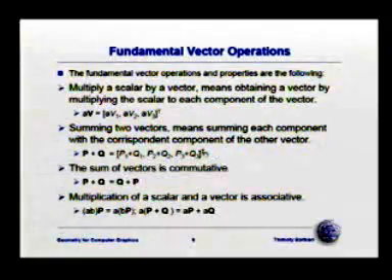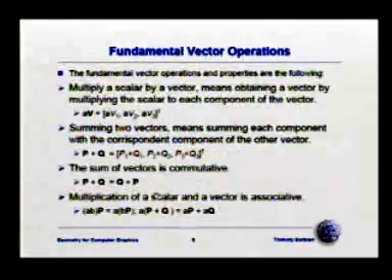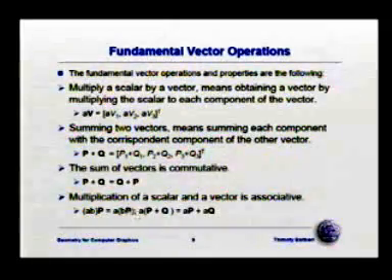So I didn't forget to put transpose here because I'm always thinking about them as columns. Right? Sum of vectors is commutative. What does it mean? It means that P plus Q is Q plus P. Multiplication of scalar and vector is associative. So this one equals this one, and this one equals this one. So this is feasible.